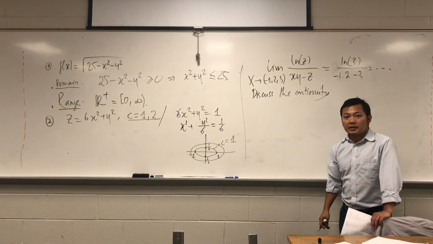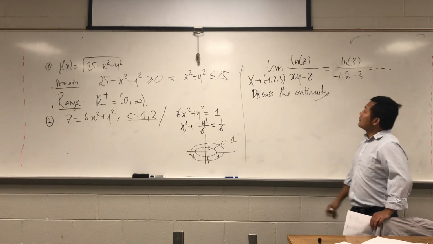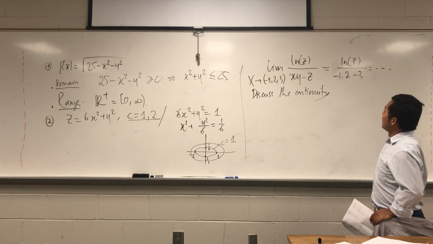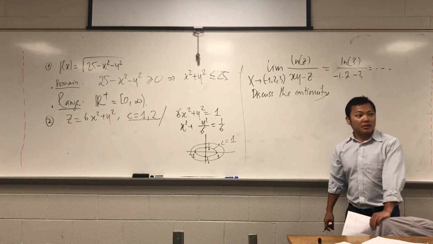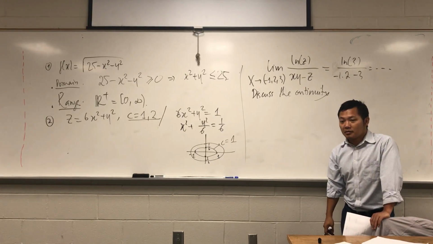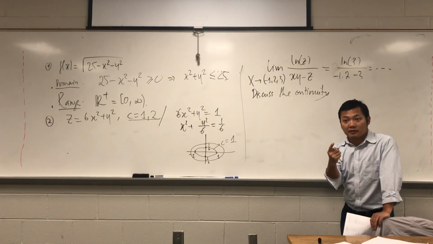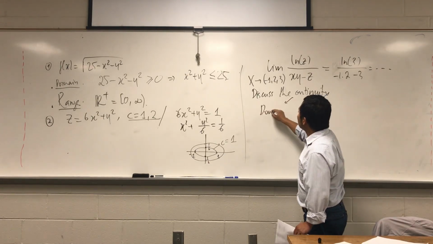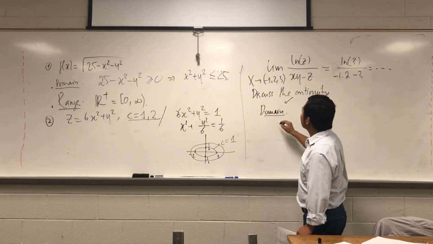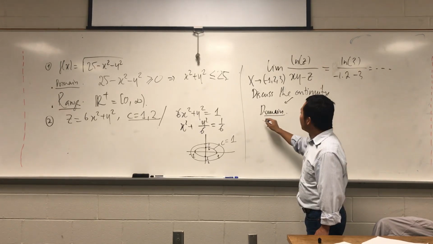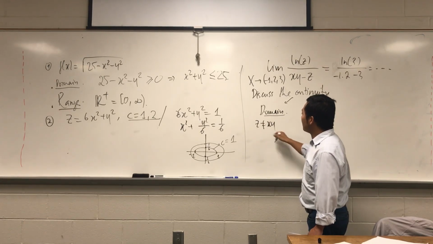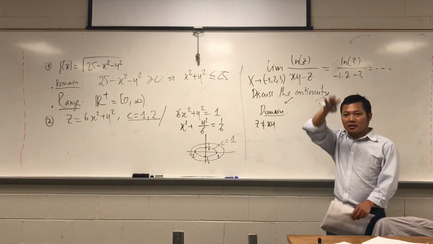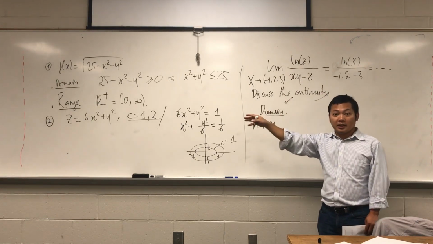Okay? So this is a bit more difficult. In order to discuss continuity, we need to find the domain first. Right? What is the domain of this function? xy is not equal to z. So we exclude all points on the surface z equal to xy. That's the first.